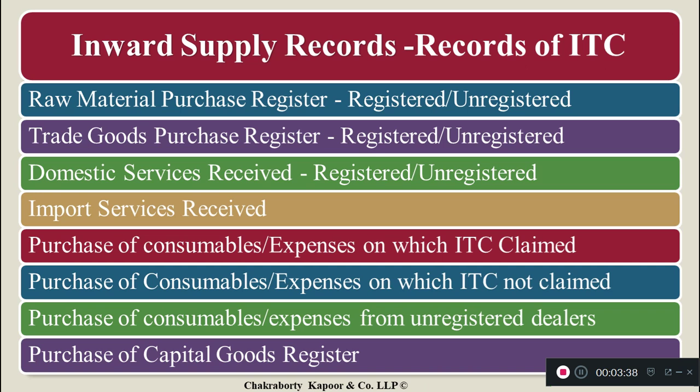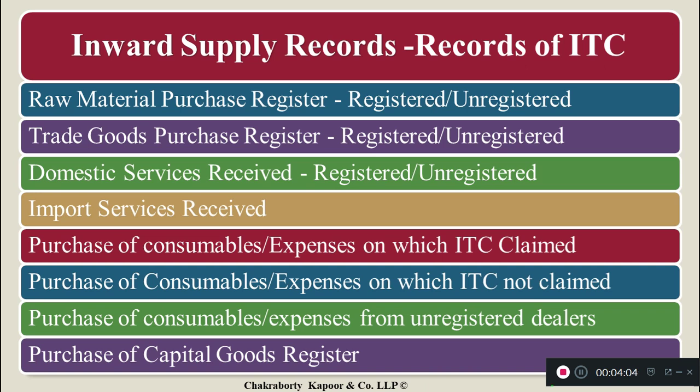Register for import of services has also to be separate, as we have to pay GST under reverse charge mechanism on import of services. Register for purchase of consumables or expenses on which input tax credit is to be claimed should be a separate register.